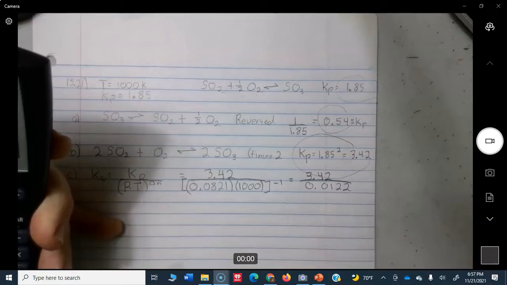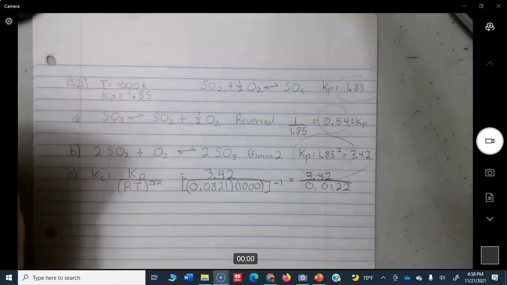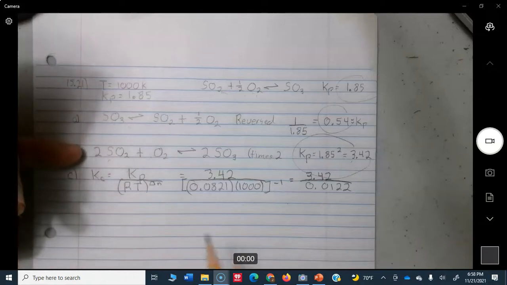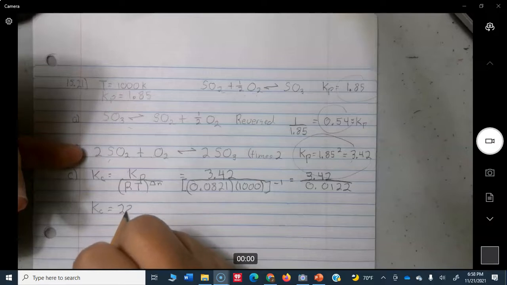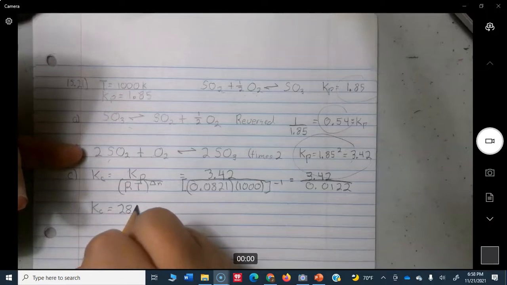I can go that many digits out, okay, and then we divide that into 3.42, and that gives us 280. 281 if you want to round it to that.